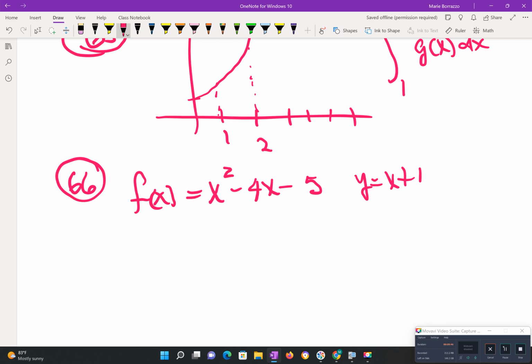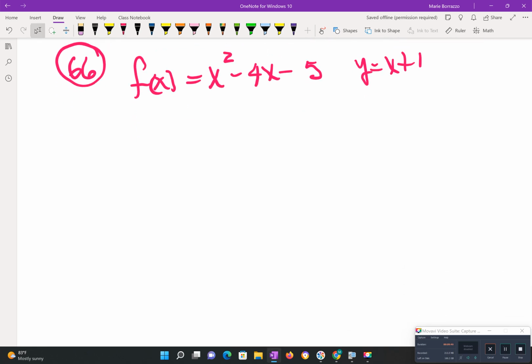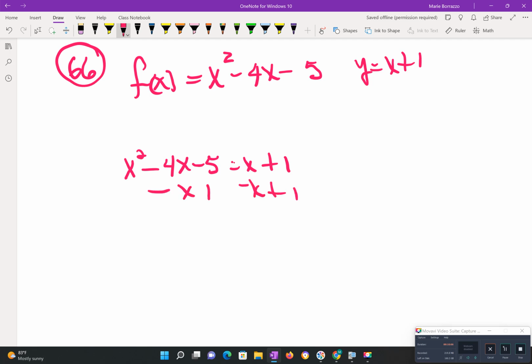Okay, so the first thing I did to find the area bounded is you set them equal to each other. So x squared minus 4x minus 5 equal to x plus 1. Subtracting x plus 1 on both sides, so that becomes minus x minus 1.